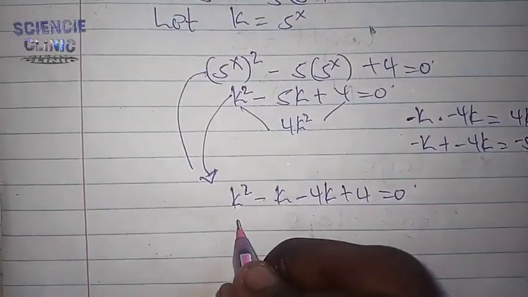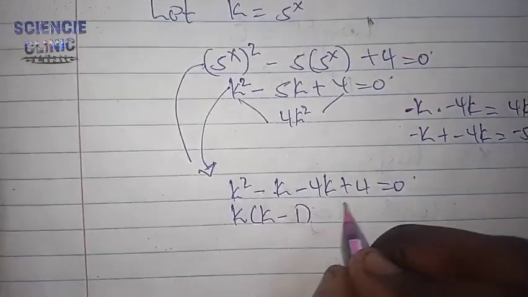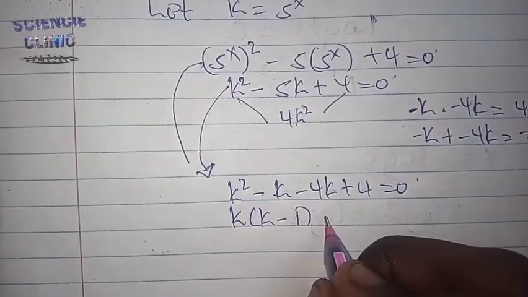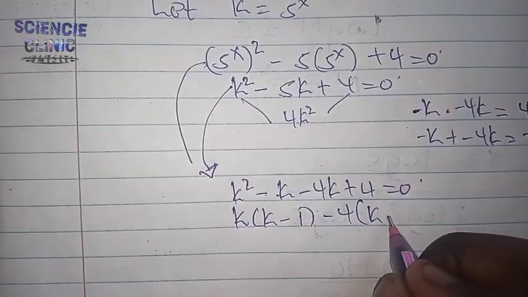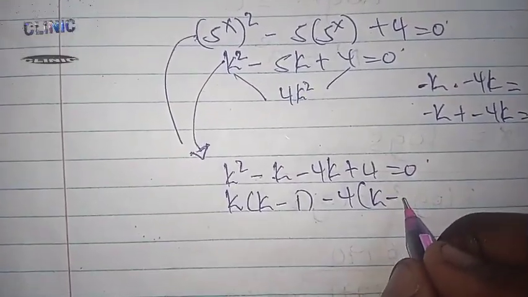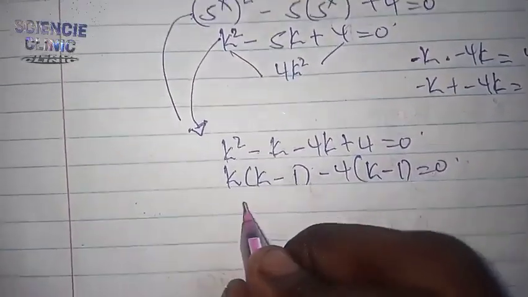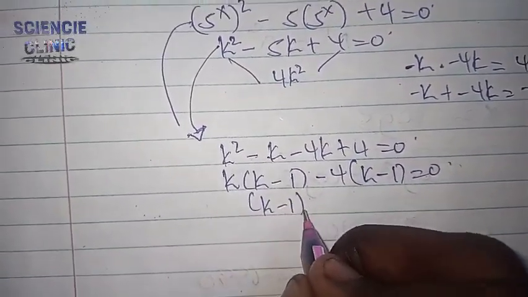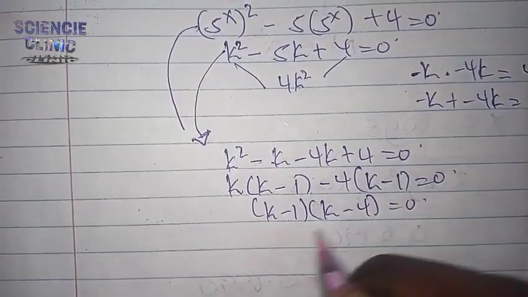Factorizing this with that, k is common, k into k minus 1. This and that, negative 4 out, you are going to get k minus what? k minus 1 equals 0. The brackets are common, k minus 1 into k minus 4 equals 0.